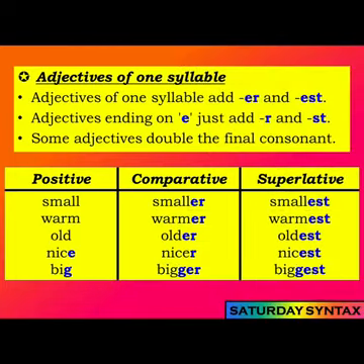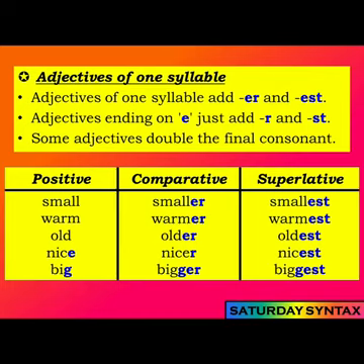Now we'll focus on some of the rules regarding adjectives. Now first of all, adjectives of 1 syllable. Friends, when adjectives of 1 syllable are given, at the time you have to add ER in comparative degree and EST in superlative degree. Let's take some example.